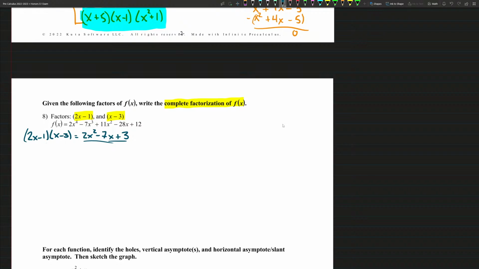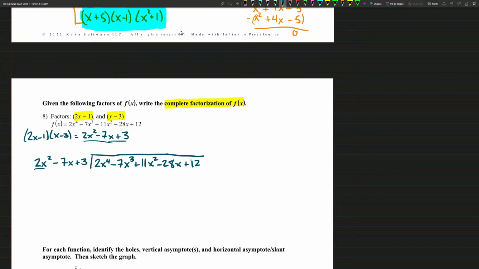So what we can do in order to find the rest of the factorization is to divide 2x squared minus 7x plus 3 into f of x. So 2x to the fourth minus 7x cubed plus 11x squared minus 28x plus 12. And then we're just doing polynomial division, and we're going to come across a couple answers, right?